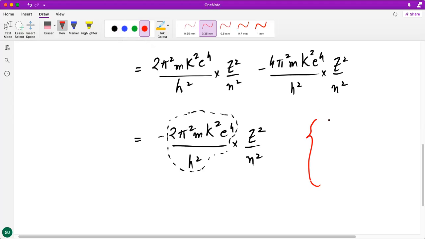And that similarity is something which you can understand in the following manner, that 2 times kinetic energy is equal to minus of potential energy in this case. Like if I multiply kinetic energy by 2, it will be equal to minus of potential energy. And this total energy term, then I can equate, it will be equal to the minus of kinetic energy, or I can write it as half of potential energy.